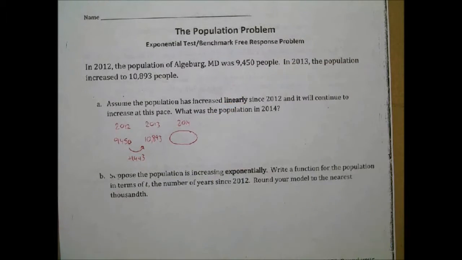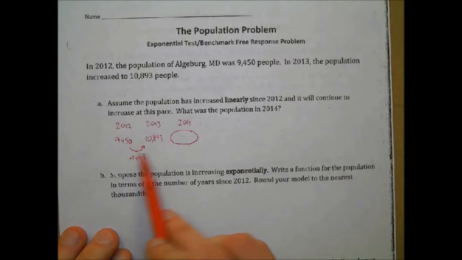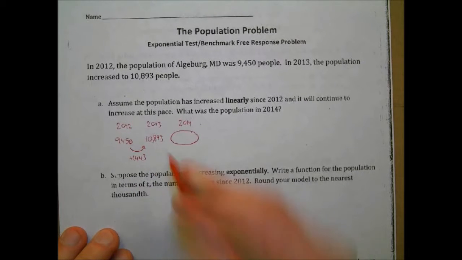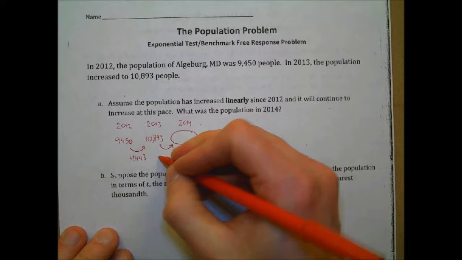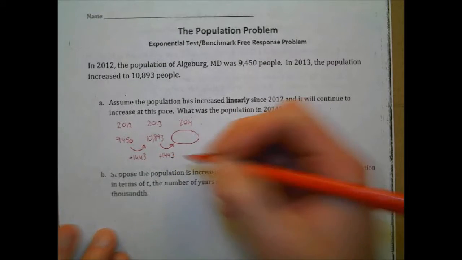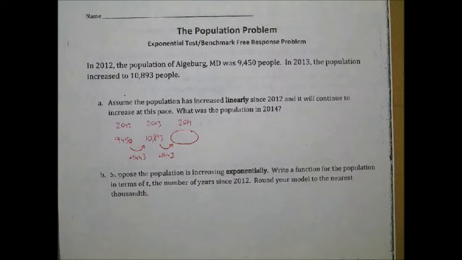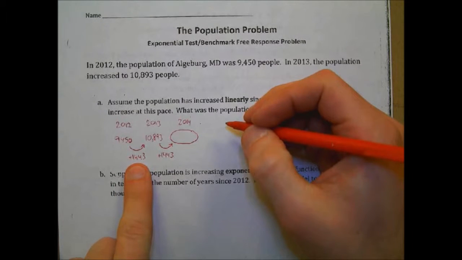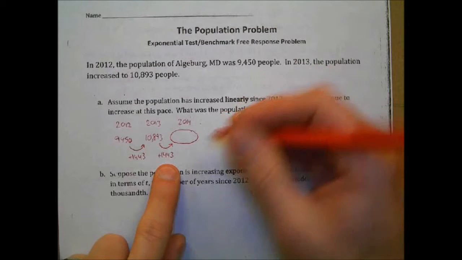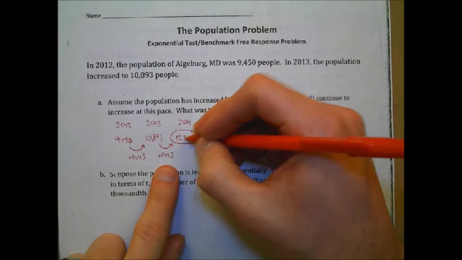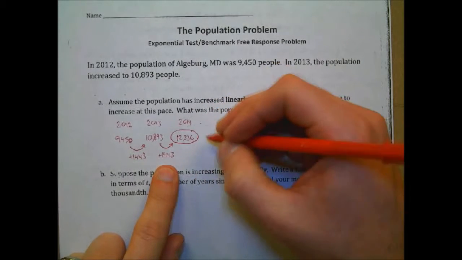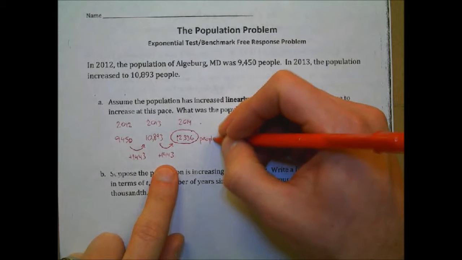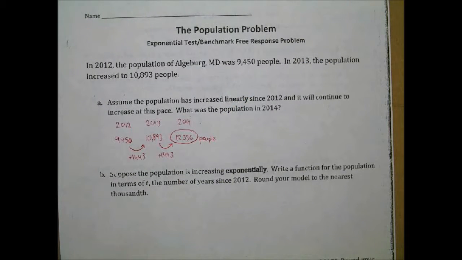If this relationship is linear, how can I predict the population in 2014? Don't multiply. If it's linear, we add the 1,443 one more time, because the rate of change should stay the same. We get 12,336 people if we use a linear relationship, because we add the same amount each time.